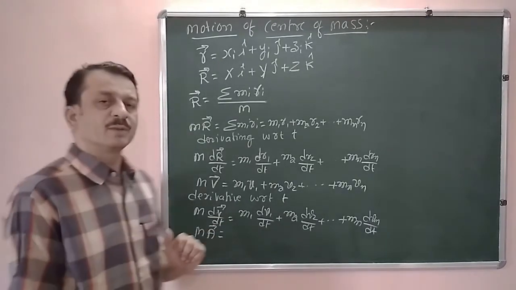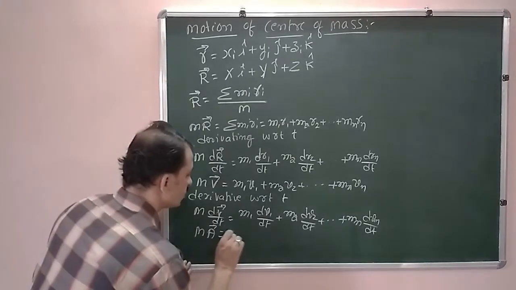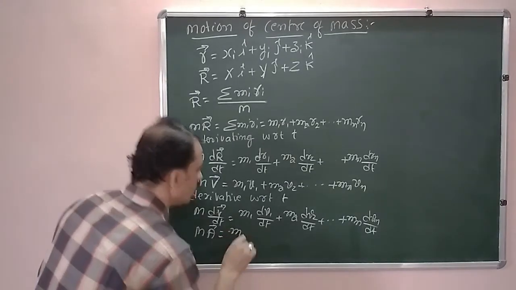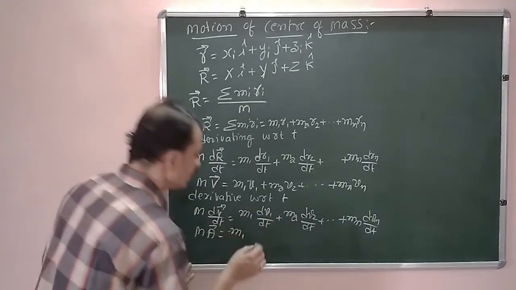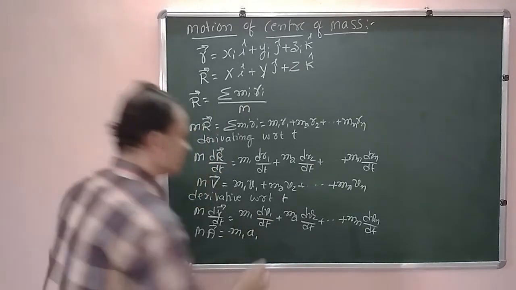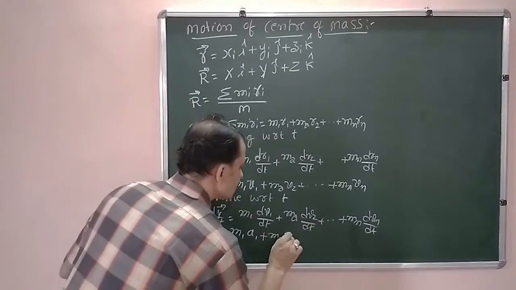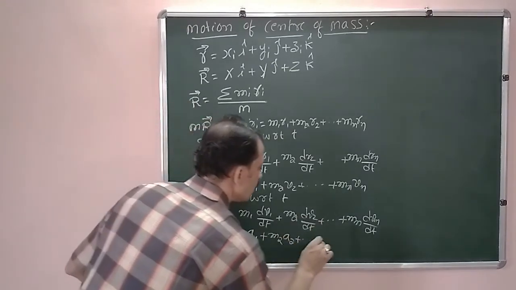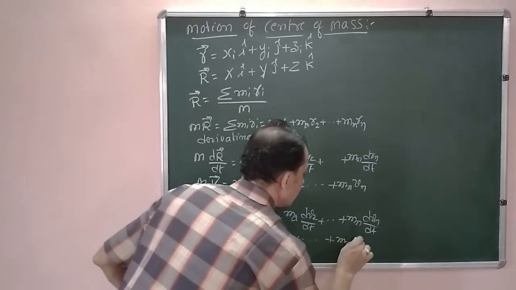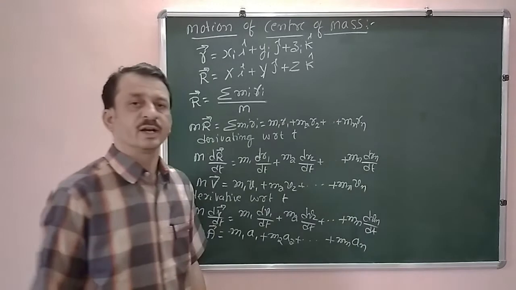Here capital A represents the acceleration of the center of mass. That is equal to m1, dv1 by dt, the rate of change of velocity of the first particle, therefore it is the acceleration of the first particle, plus m2, the acceleration of the second particle, plus etc. mn, the acceleration of the nth particle.